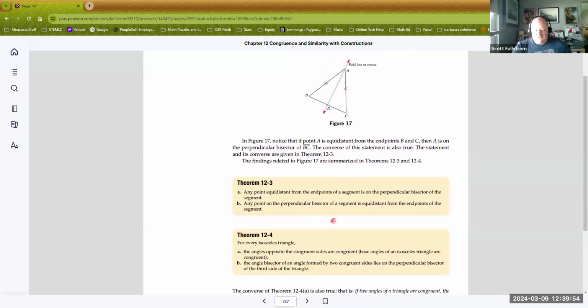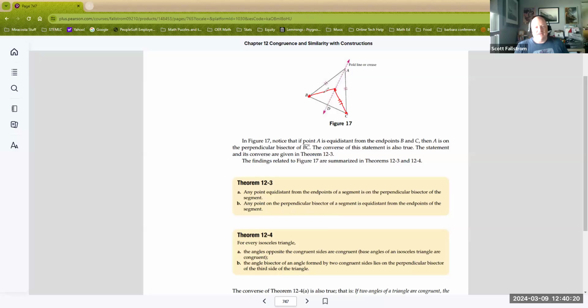The first one says that any point that is equidistant from the endpoints of a segment, so if I take my segment to be BC and I pick any point in the world that is the same distance from B and the same distance from C, that point is going to lie on the perpendicular bisector.